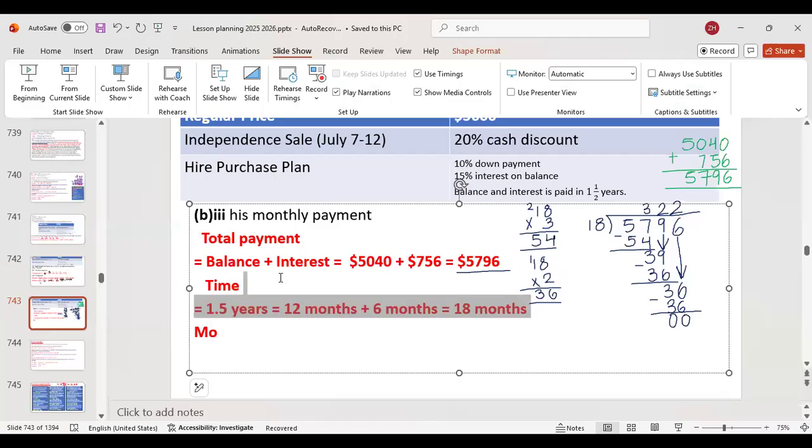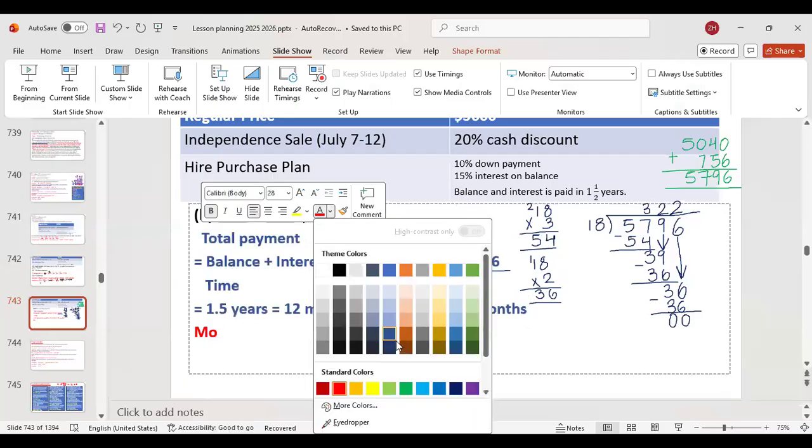Let's put the same green and stuff, and then the one in red.